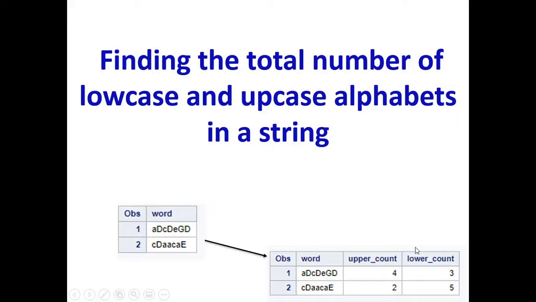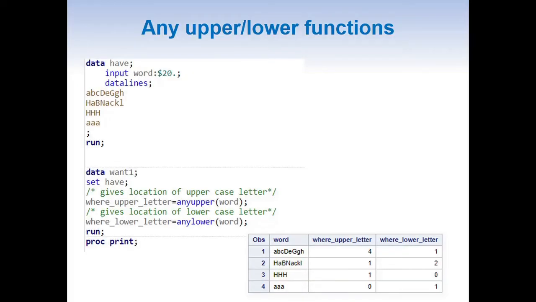To sum it up, whenever we have a variable like this, we want to find counts of uppercase and lowercase letters. Now let us look into the functions which help to solve this problem.